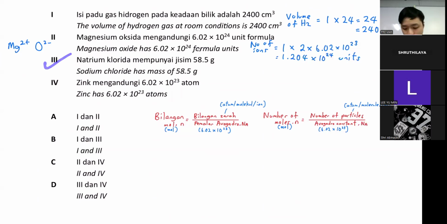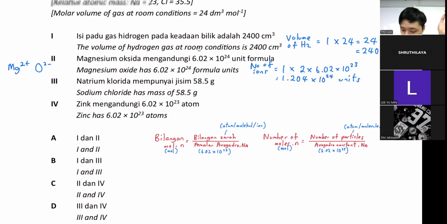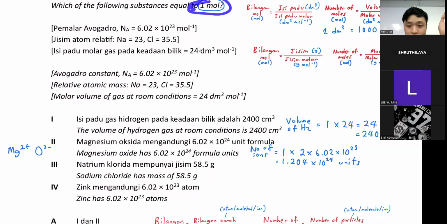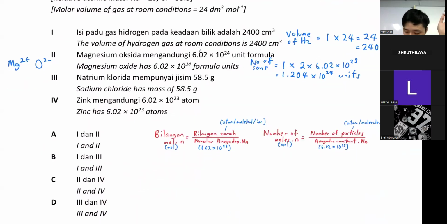So let's look at the next one. Sodium chloride has mass of 58.5. You can check again. The formula is number of mole equals mass over molar mass. So if you want to find mass, in grams, then you have to use number of mole multiply molar mass. Again, mole here is 1, so mass equals 1 mole multiply molar mass.